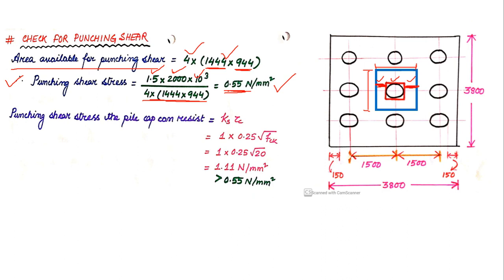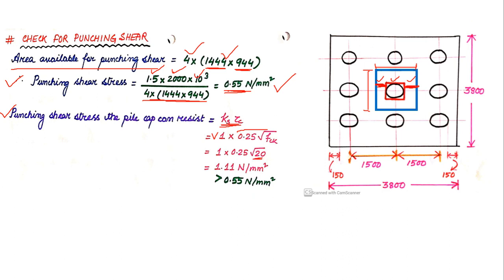Now let us see how much the pile cap can actually resist. We have done this in our isolated footing case also: the punching shear stress that a footing or a pile cap can resist is given by Ks into tau c. Ks, if you solve, you will get as 1, and tau c is 0.25 into root over fck. Fck in our case is 20.